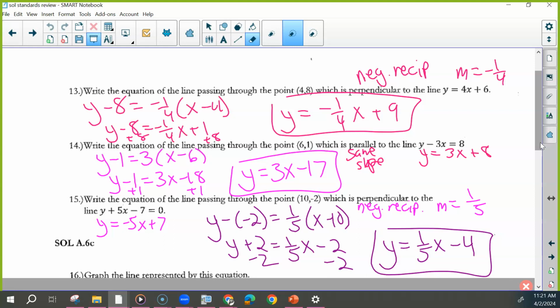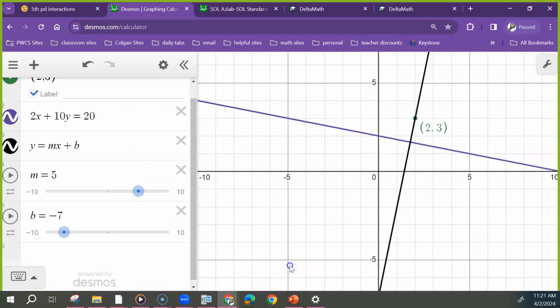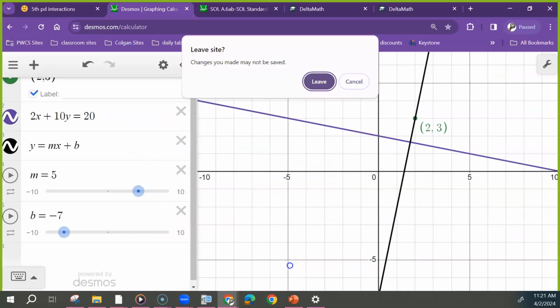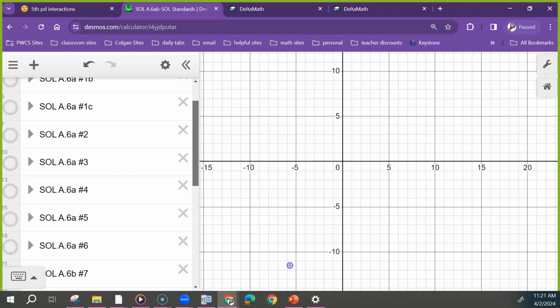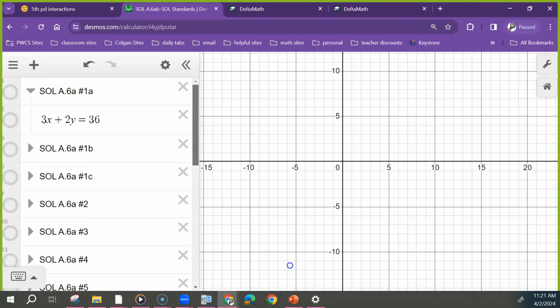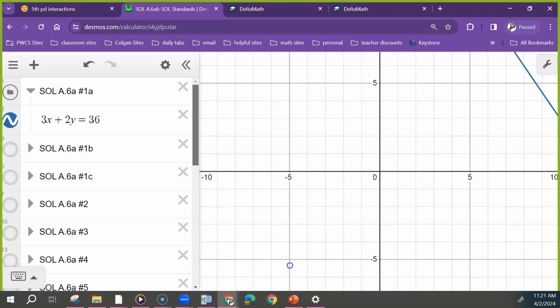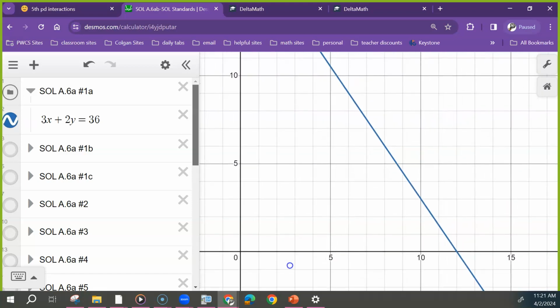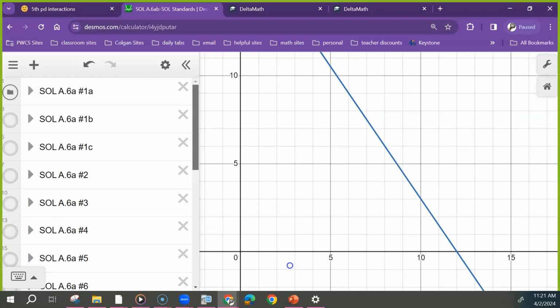Really quickly, I'm going to show some of these in Desmos. So all the ones that had equations that asked for the slope, you could just graph that and then count the slope of those lines. And that was a few of these.